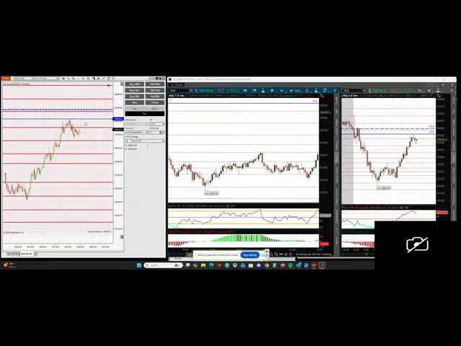Those are throughout the day. They're going to be tested at one point or the other. In the future, I'll talk about the specific time frames during the day that they're important. But for now, I just want to focus on the levels, and hopefully you guys can get some idea.